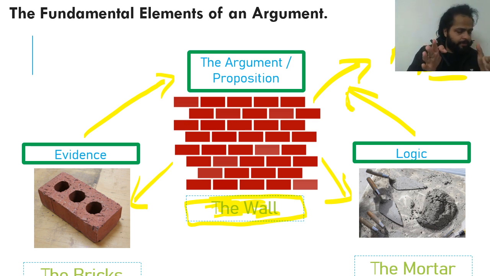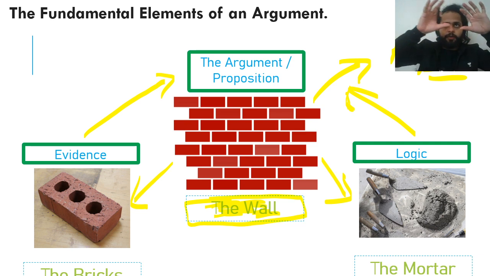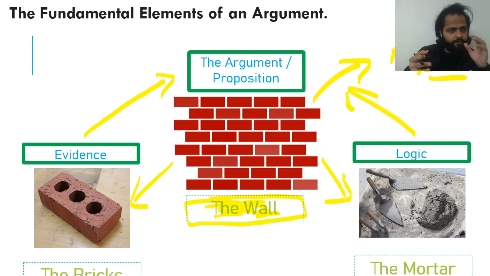Isn't that what happens? It's the same with bricks and walls. Your mortar comes together and sticks all the bricks together to make up a wall. In the same way, the logic that you're using stitches multiple pieces of evidence together to make up an argument. Just imagine a wall made only out of bricks.